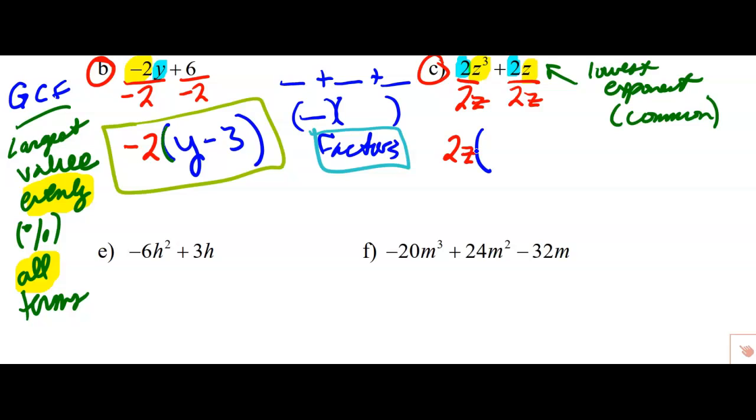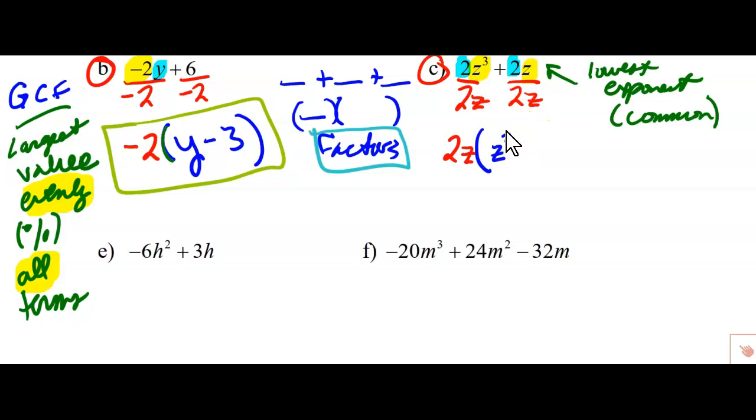Looking at the first term, 2z cubed over 2z leaves me with z squared. Remember your exponent rules: z to the third is z times z times z, over z. That's exponents of 3 minus 1, giving me z squared.